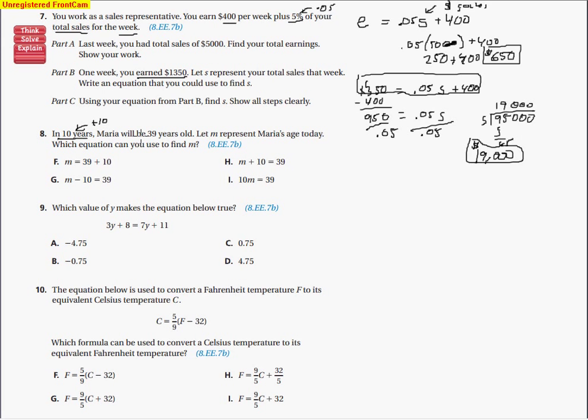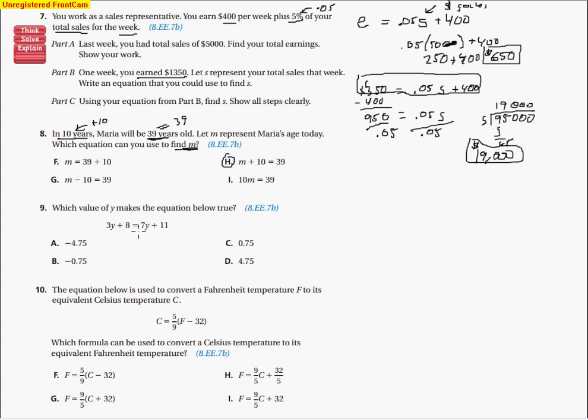And Maria's age will be 39 years old. And that's going to equal 39 years. And then right now, she's only M years. So let's let M represent Maria's age today. So that would be it right there. So M years plus the 10 years that she's adding on. And she will be means equals 39.